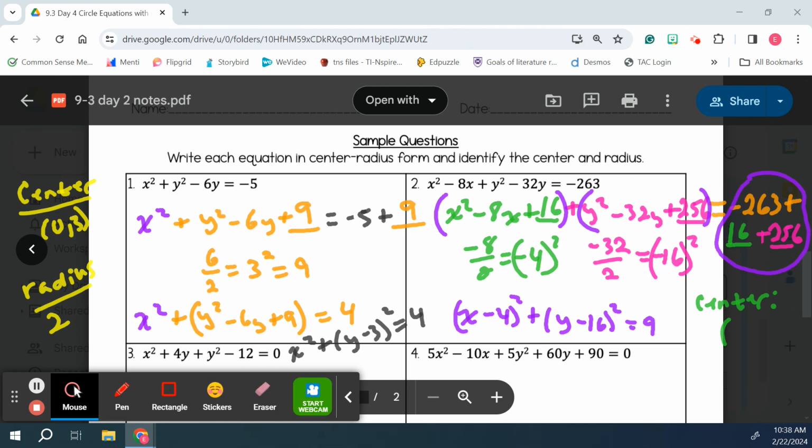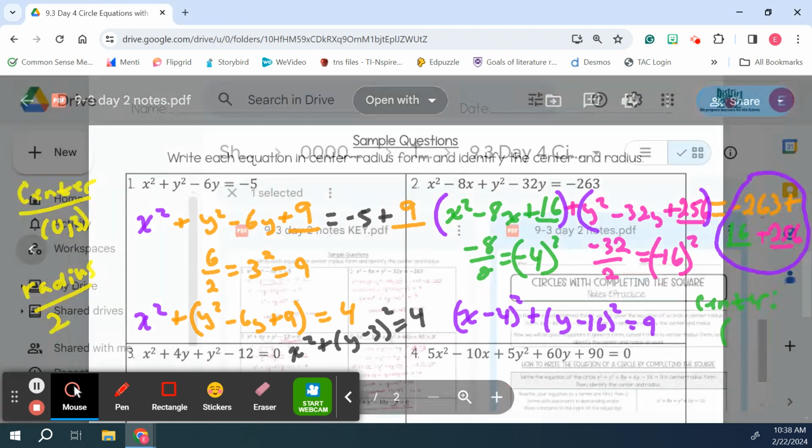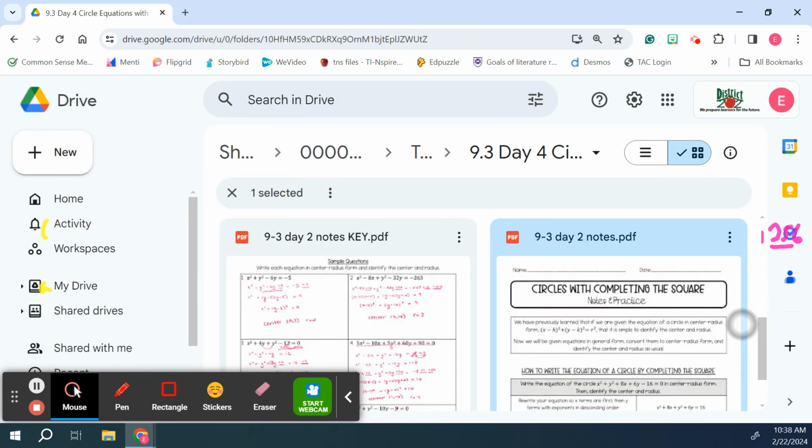What is it? I can't hear you. Well, let's see. Iana, what is the center? 4, 16. Yeah.